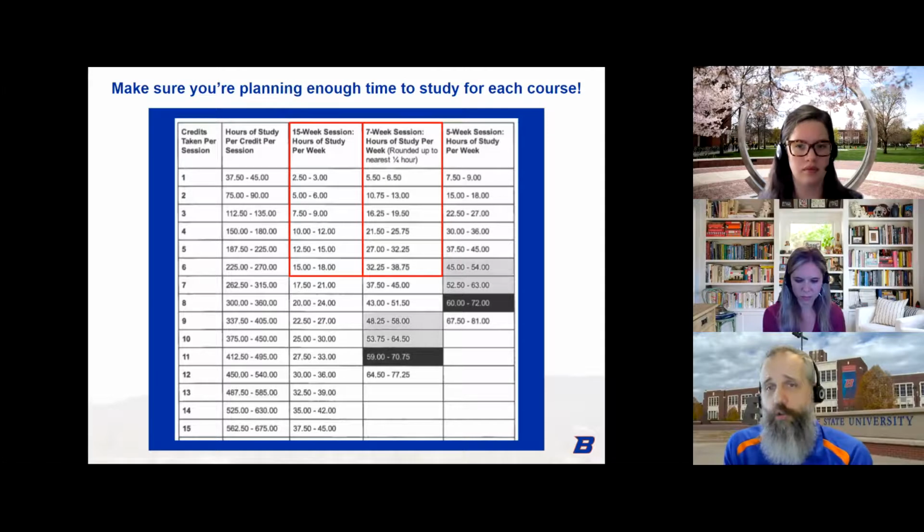So a majority of your classes are going to be 3 credit classes. There may be a few here and there that are 1 credit, but probably 99% of the classes that you take are going to be 3 credit classes.